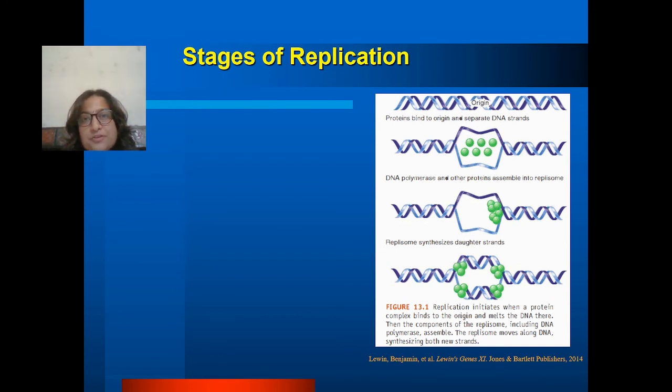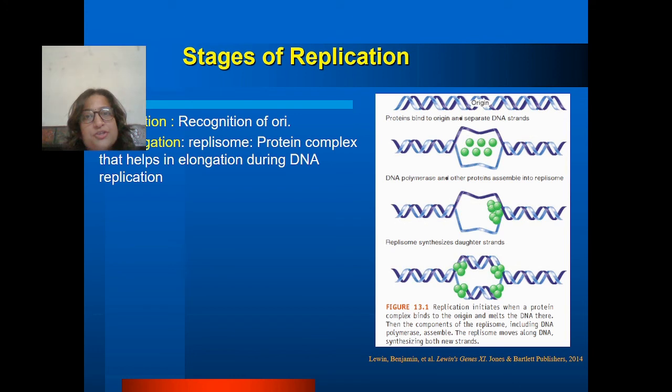Now, the common information about replication is that replication takes place in stages. Stages means one stage will be followed by another. There is a sequence. The first stage is initiation, where there is recognition of the ori, followed by elongation. For elongation, there is formation of the replisome. The replisome is nothing but a protein complex that helps in elongation during DNA replication.